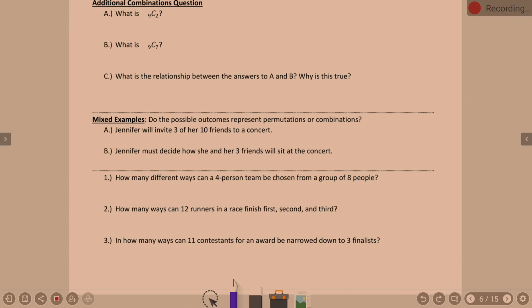In this section, we're going to look at 9C2 versus 9C7 and see what happens with these. So, 9C2. How do we set up 9C2? 9 factorial on top, 2 factorial and parentheses 9 minus 2. Okay, good, thank you.